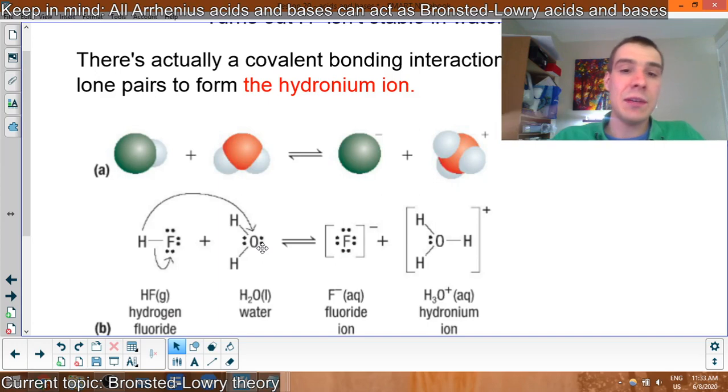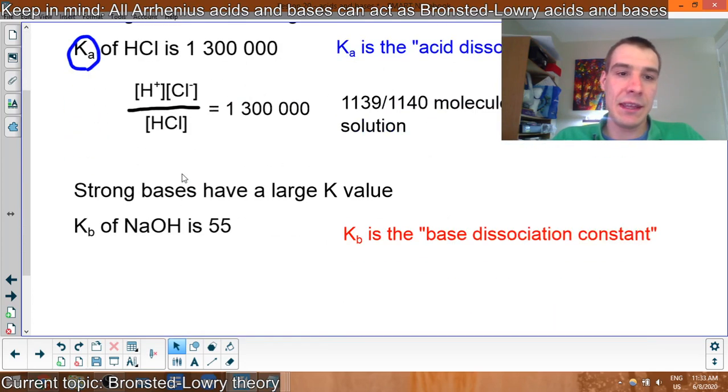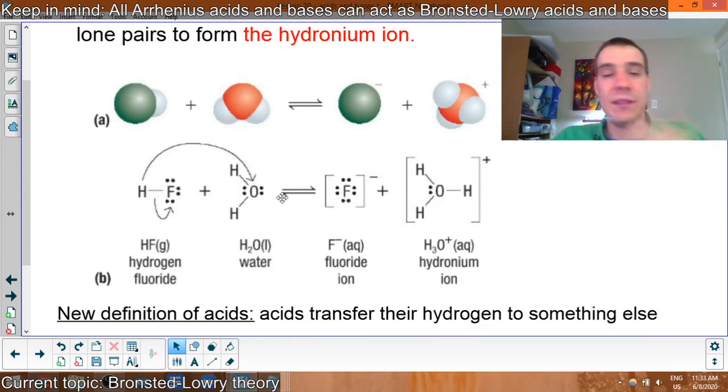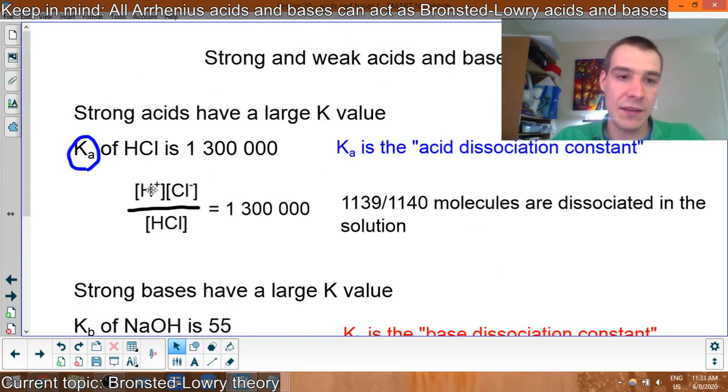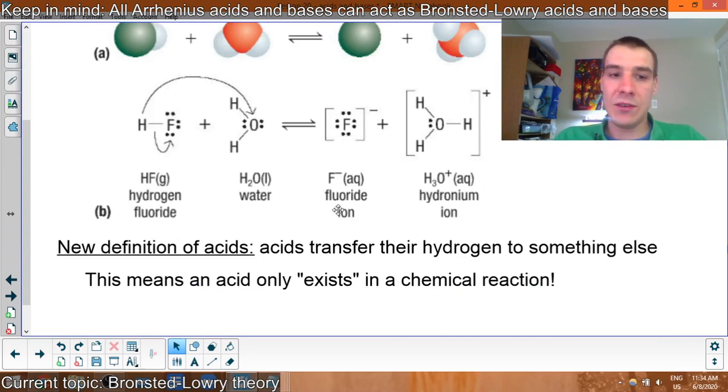It'll pull those electrons and turn them into a bond. And this creates what we call the hydronium ion, H3O+. So H plus doesn't actually exist. When we write something like this, H plus, what we really mean is hydronium. There's always water around for the hydronium to form with, so H plus is just shorthand for hydronium.